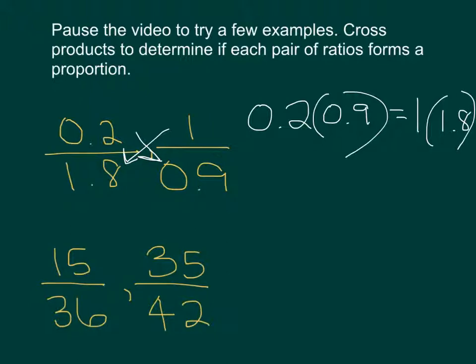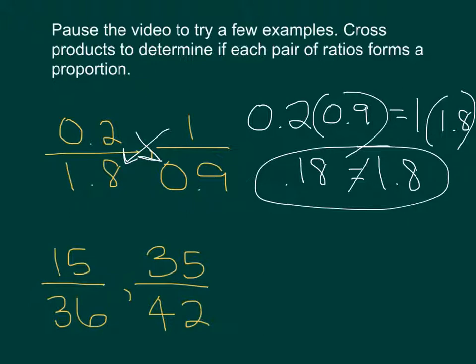Well, 9 times 2 is 18, and then you have your two decimal points, which is not equal to 1 times 1.8, which is 1.8. So we can see here that these are not equal to each other.